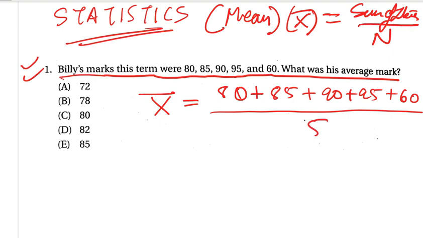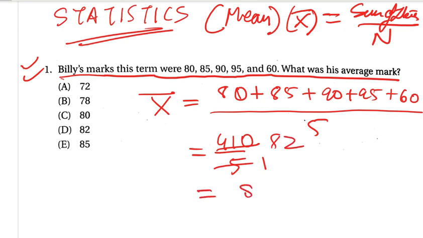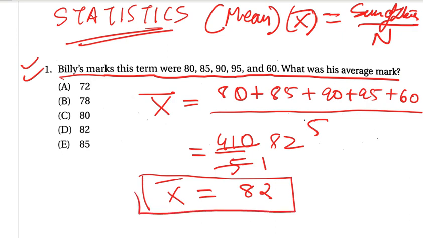Alright, so that becomes 410 divided by 5, so that is 82. So x bar is 82. That's your correct answer. Let's move on to our second question.